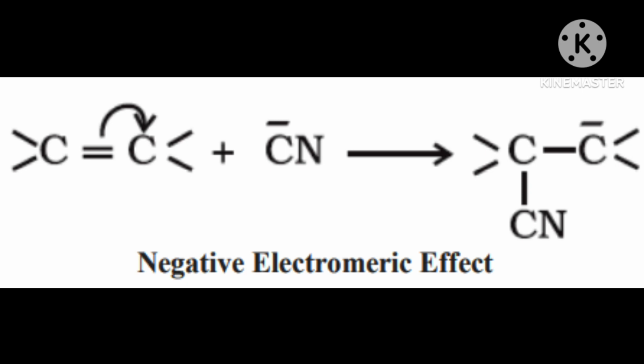It is defined as the complete transfer of the shared pair of pi electrons to one of the atoms joined by a multiple bond on the demand of an attacking reagent. What will happen? They want electrons. The effect is annulled as soon as the attacking reagent is removed from the domain of the reaction.